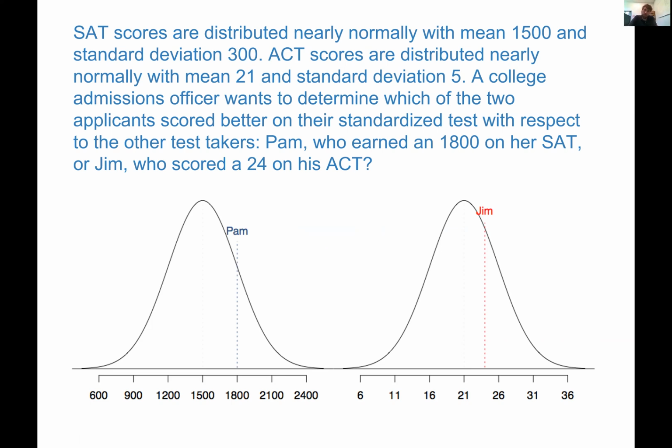A college admissions officer wants to determine which of the two applicants scored better on their standardized test with respect to the other test takers: Pam, who earned 1,800 on her SAT, or Jim, who scored a 24 on his ACT. Once I put those on each of their normal curves, you already see who did better, right?